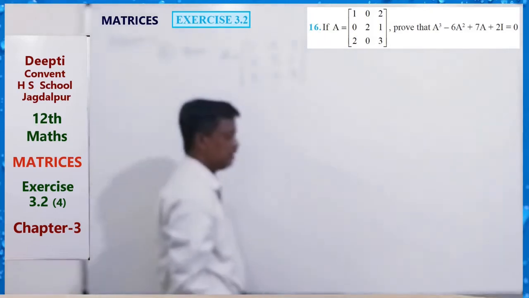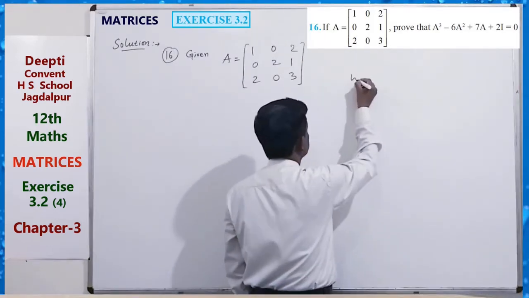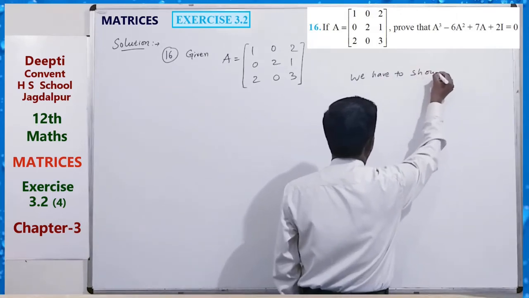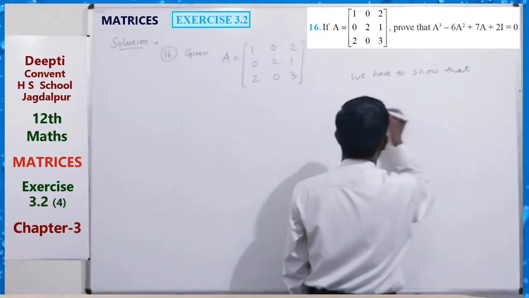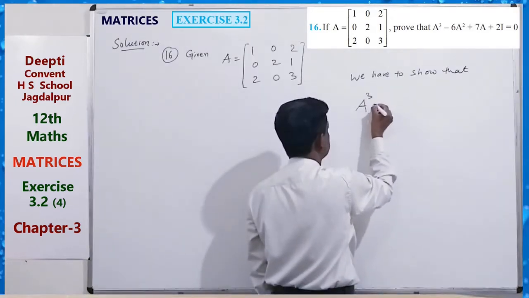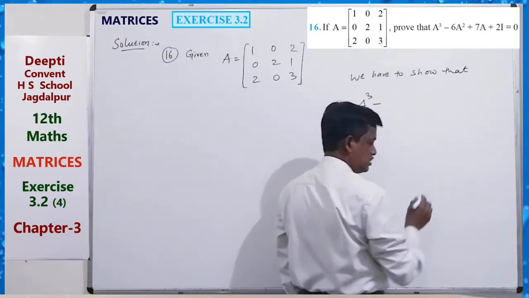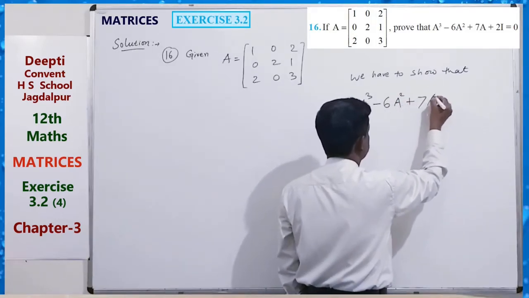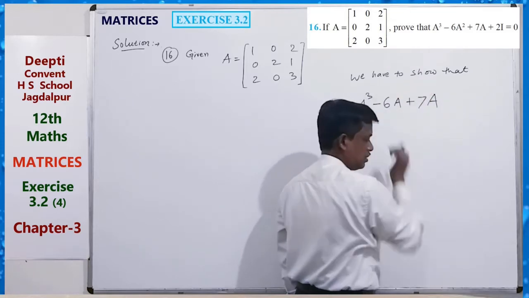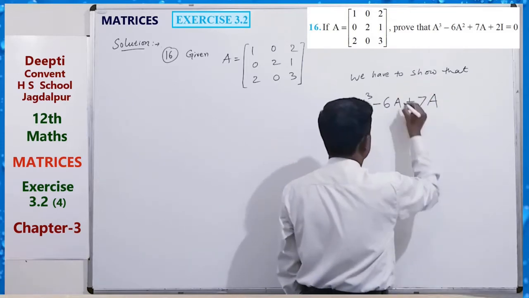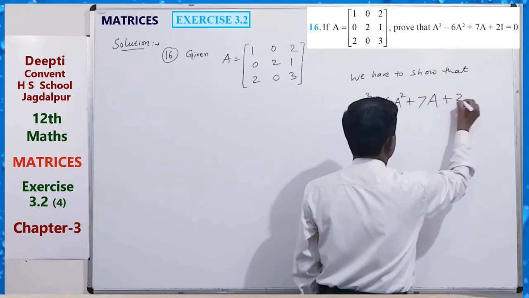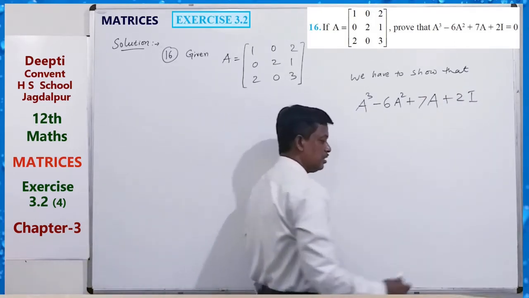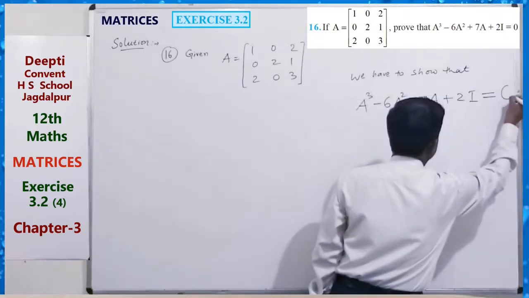Then prove that, we have to show that A cube minus 6A square plus 7A plus 2I equals the 0 matrix.